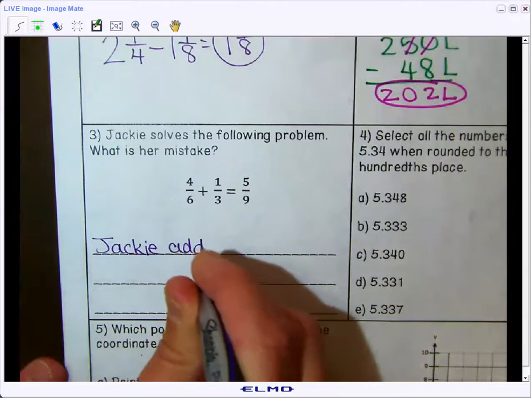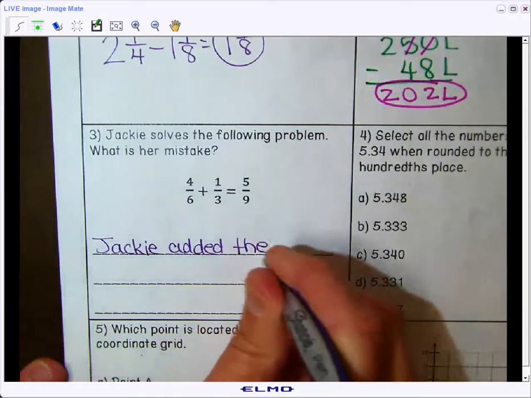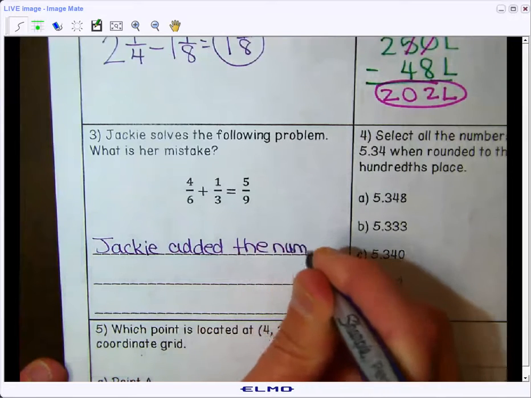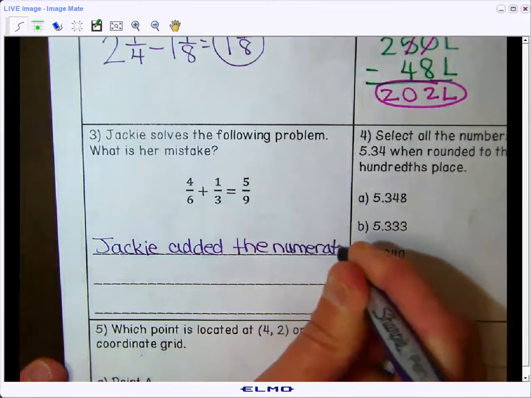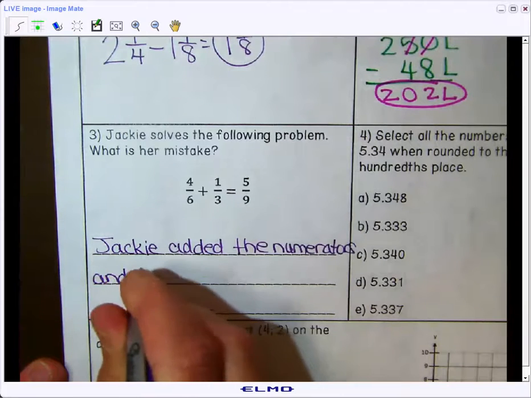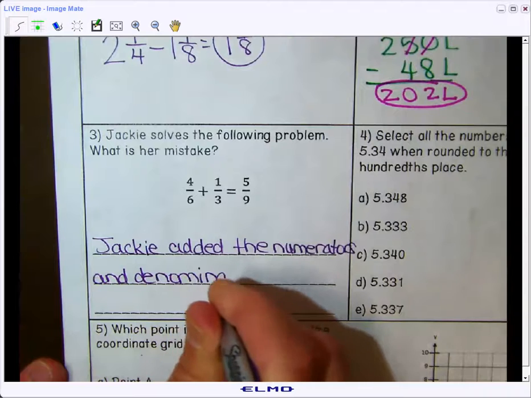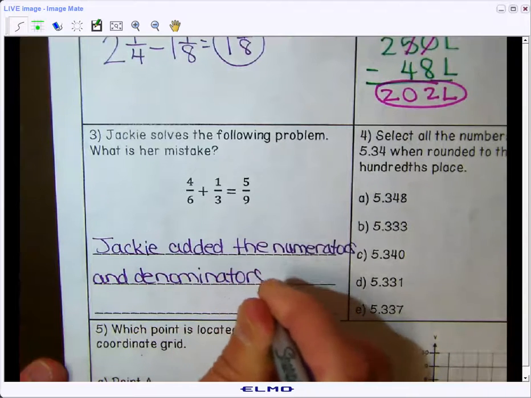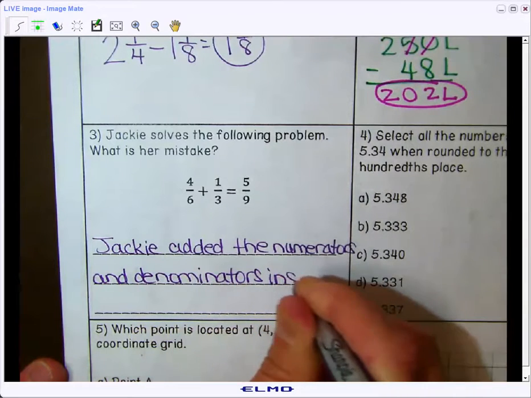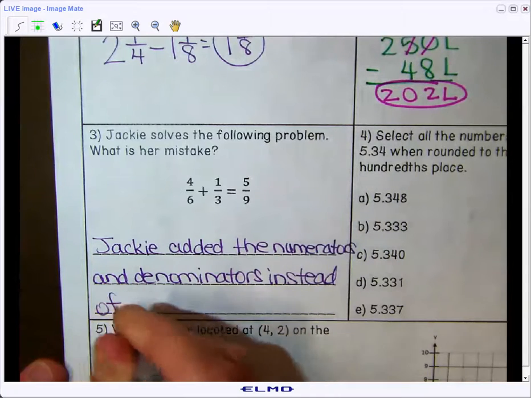added the numerators and denominators instead of finding what?